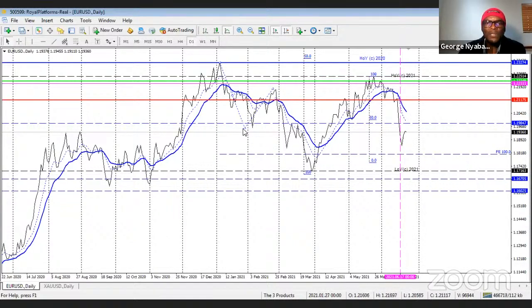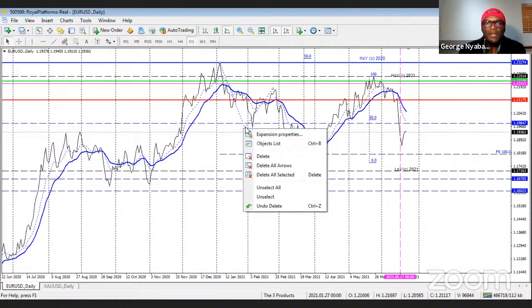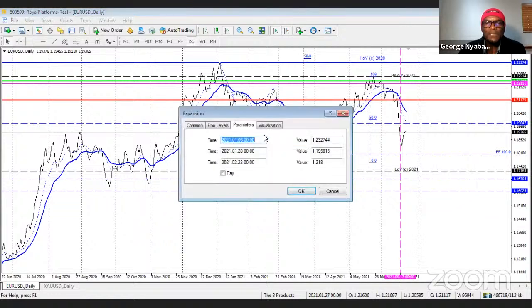Now, the way you do that one, right click on the expansion tool, expansion properties. Let's start with common color. You choose the color that you want. Style, those dotted lines, because I just don't like to see solid lines. I get confused.